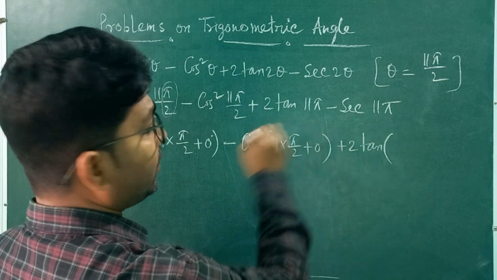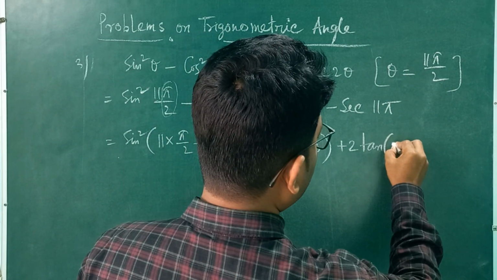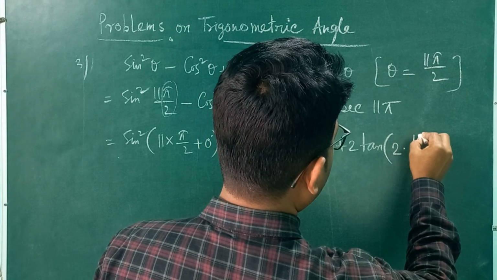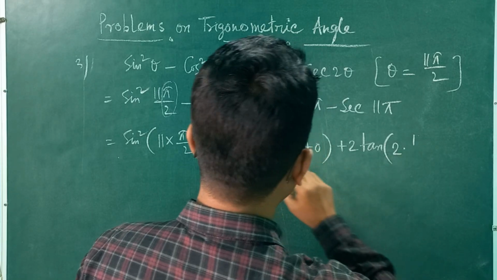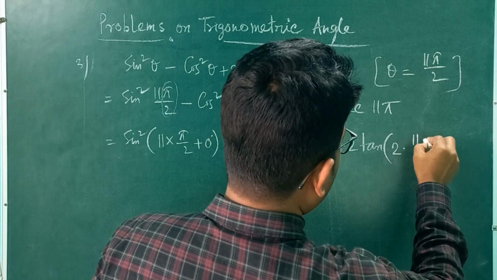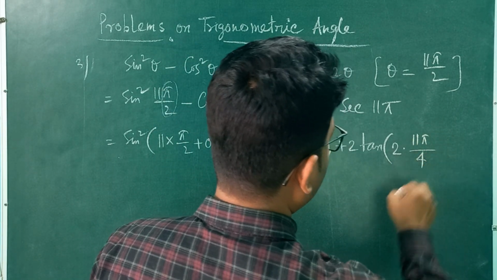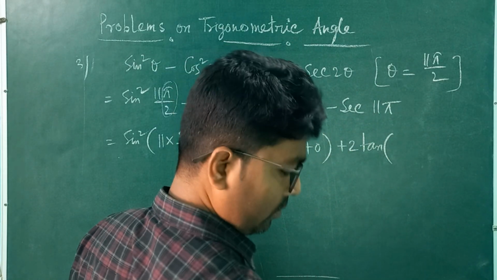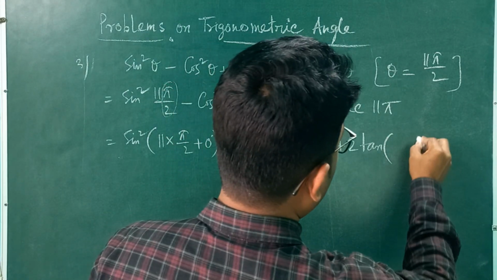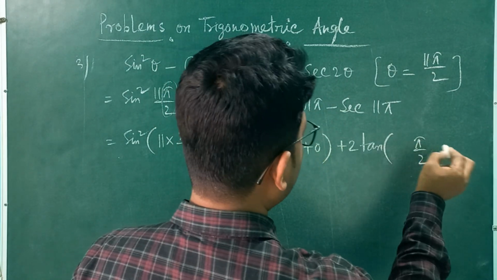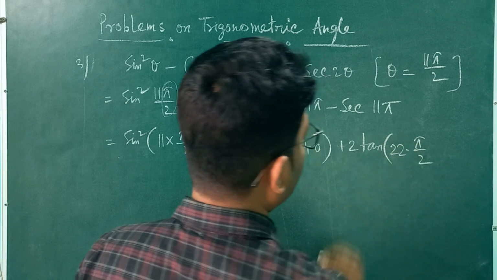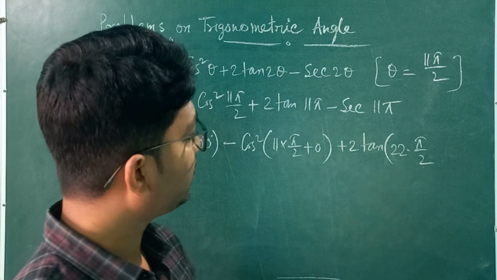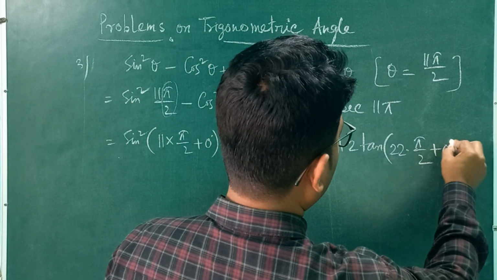Now this one, 2 tan 11 pi. You can write it in this way, how can we write here? I have to write here pi by 2. Here you write 22 into pi by 2. Then after cancellation it becomes 11 pi plus or minus 0.